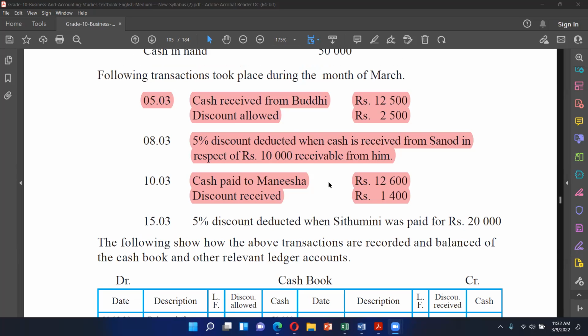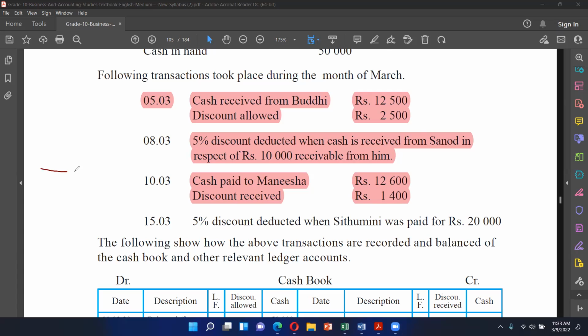Debiting 12,600 to Manisha's account and crediting 1,400 rupees to discount received. Is that all? But you told me I'm just crediting 14,000 to cash book. Okay. Tell me again. Sorry.